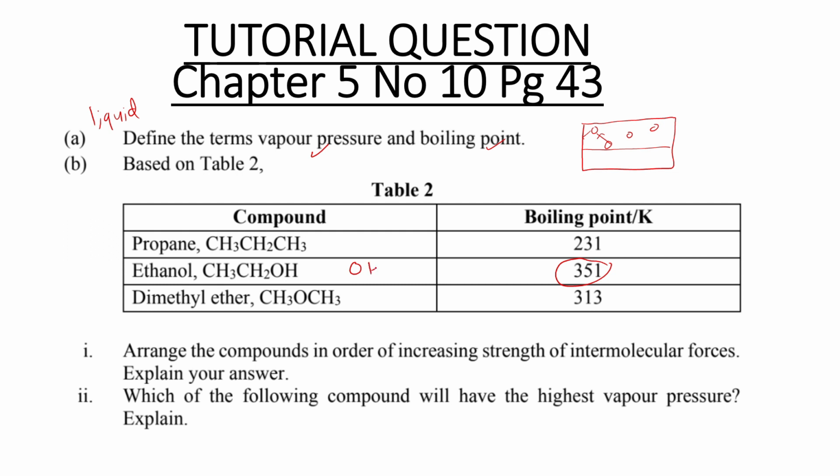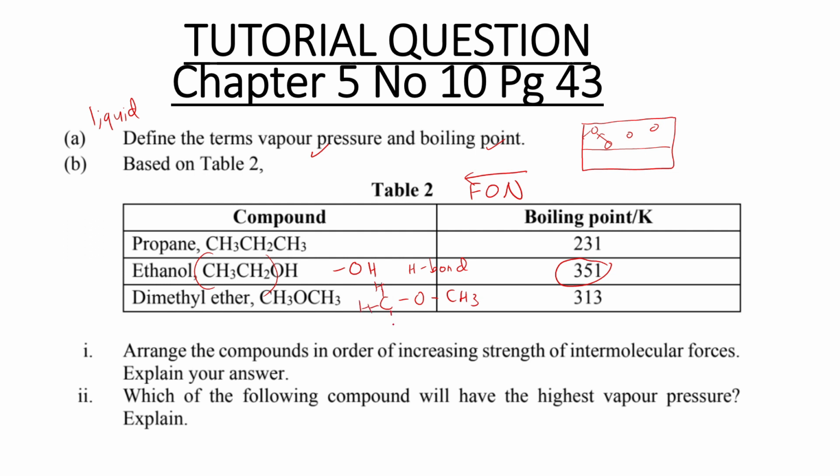So kita tahu yang the most electronegative atom FON. So ada OH, so sini ada alkyl group CH3, CH2. Okay, so alcohol kita tahu dia boleh form hydrogen bond. Okay, dan untuk dimethyl ether CH3, O, CH3.